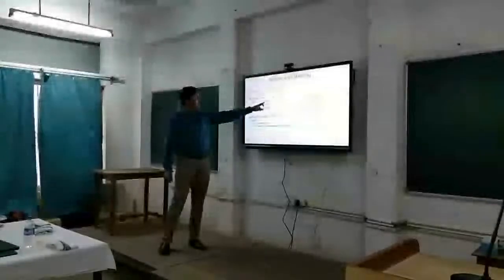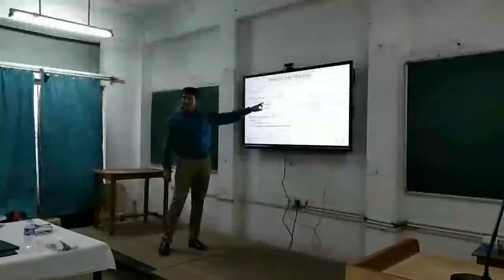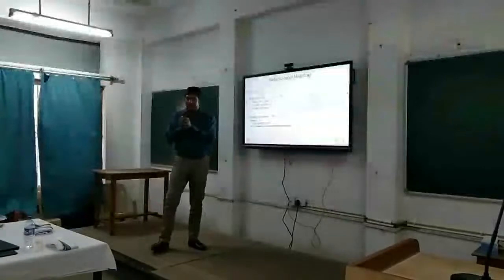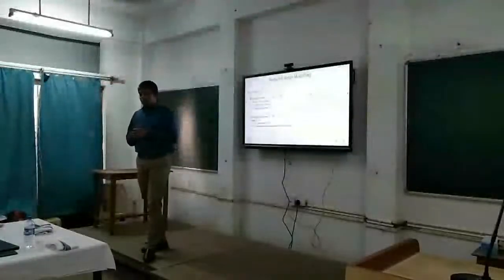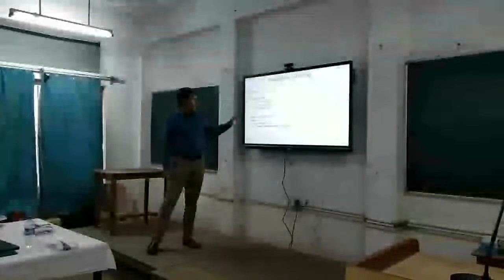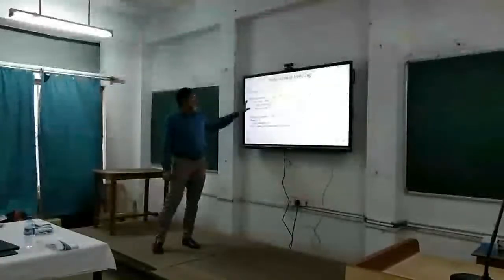And this reduction in Reynolds number occurs after each generation. So you can understand that from here we can neglect this inertial term because the flow is so slow.